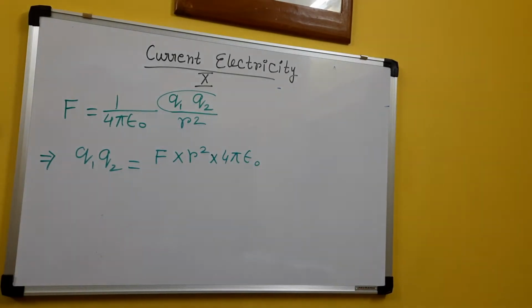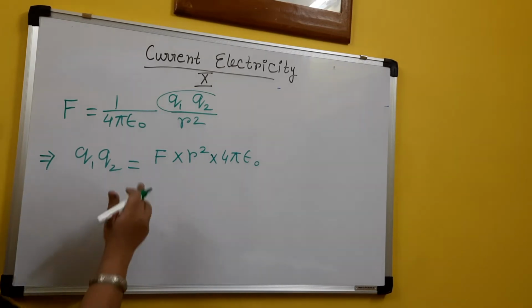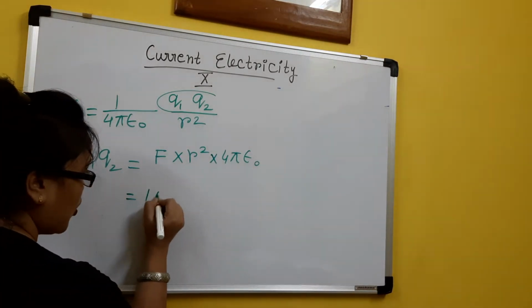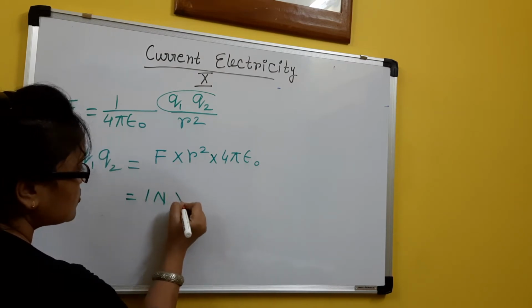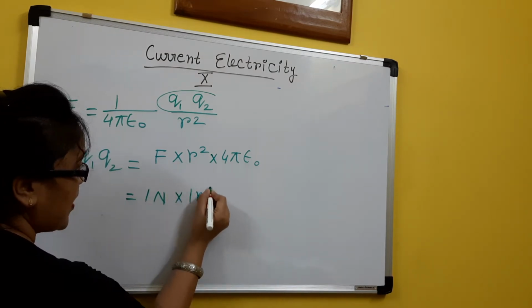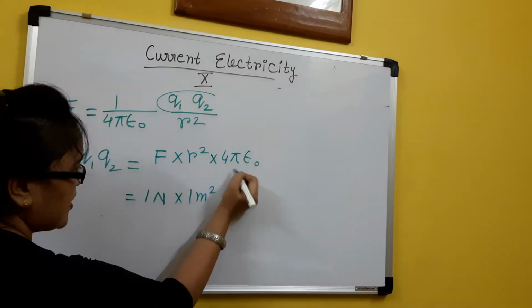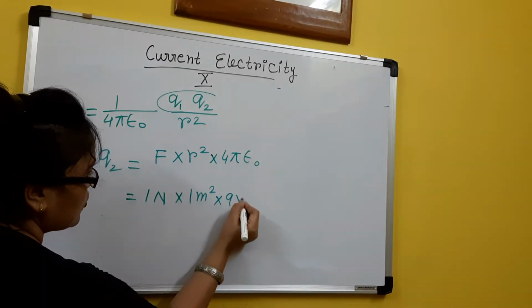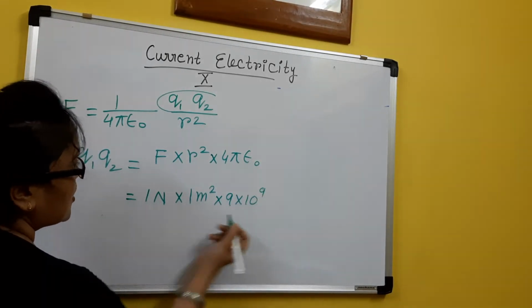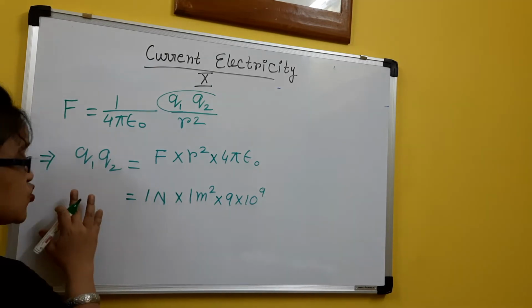Now what is the value of that 1 Coulomb? If the force is 1 Newton, the separation between the two charges is 1 meter, and the constant is 9 into 10 to the power 9. Clear? So that charge will be 1 Coulomb.